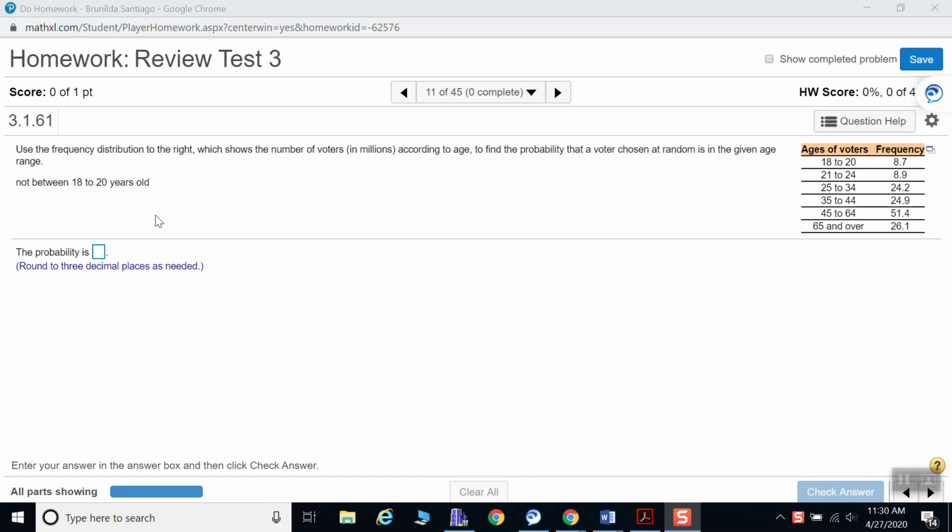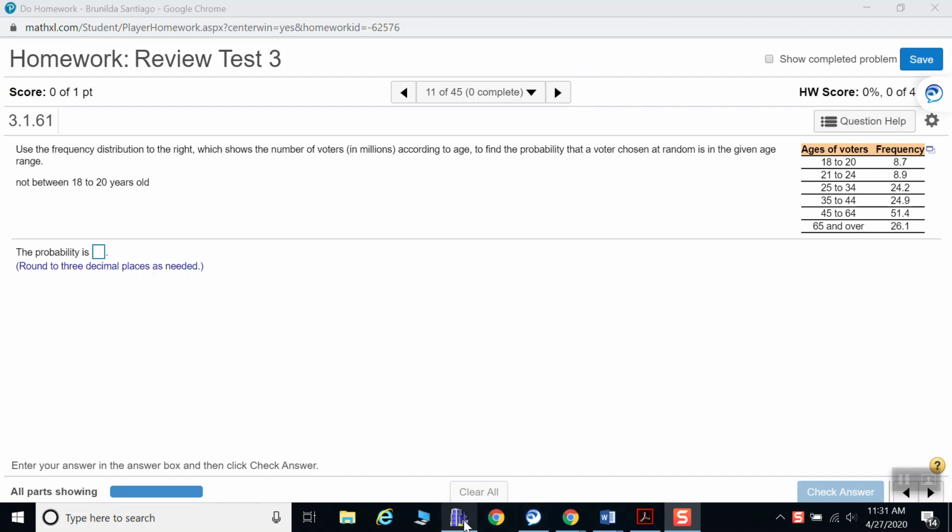In this exercise, we're asked to find the probability of not being between 18 and 20 years old based on the probability distribution that we have here of the age of voters. So not between 18 and 20, what that means is that it will be excluding the first information that is provided on the table.